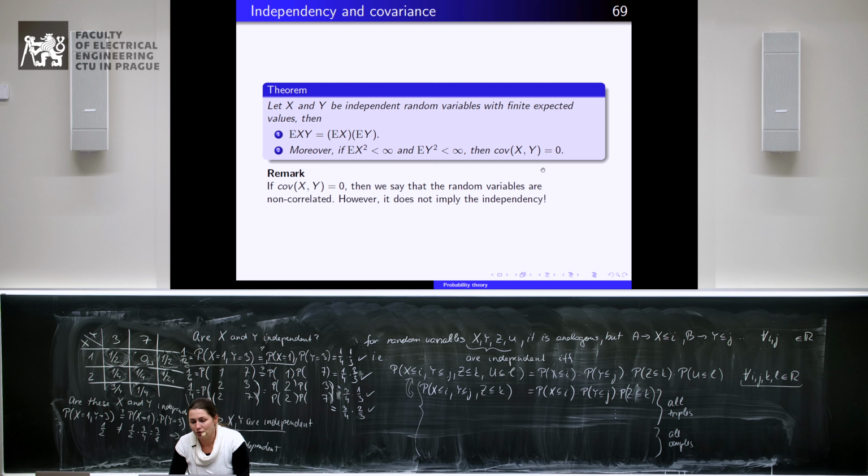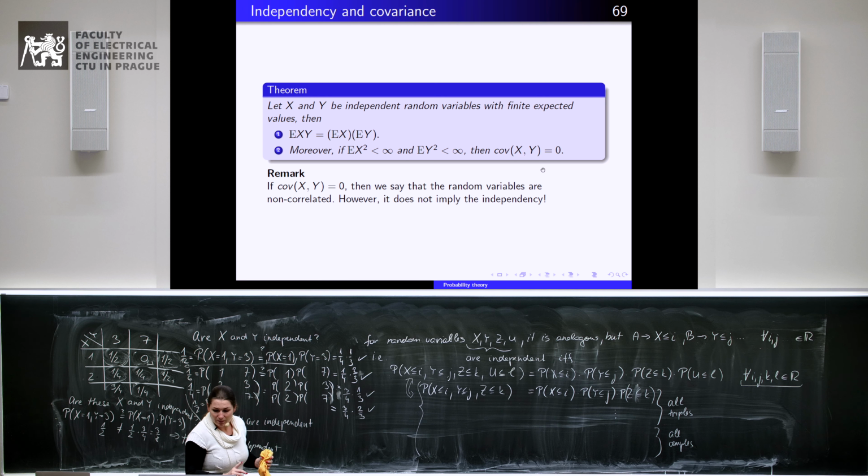But unfortunately, it doesn't hold in the opposite sense. So when the covariance is equal to 0, it doesn't mean that x and y are independent. So be careful. When x and y are independent, then the covariance is equal to 0. But it doesn't mean that when the covariance is equal to 0, x and y are independent.